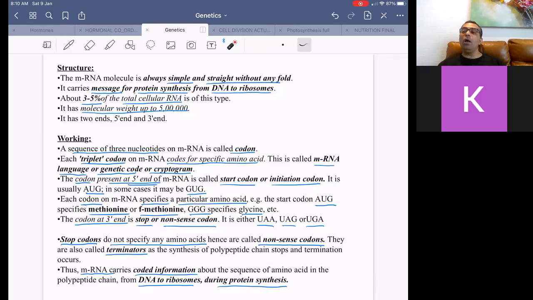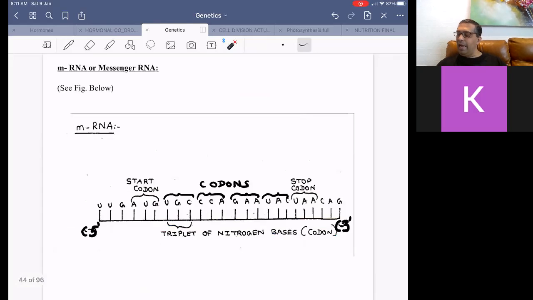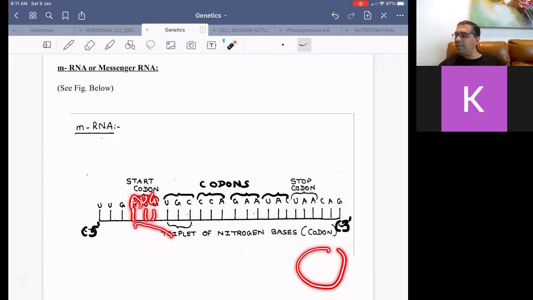So if you remember, the start codon is always AUG. And if AUG is the start codon, it is always the first amino acid delivered.